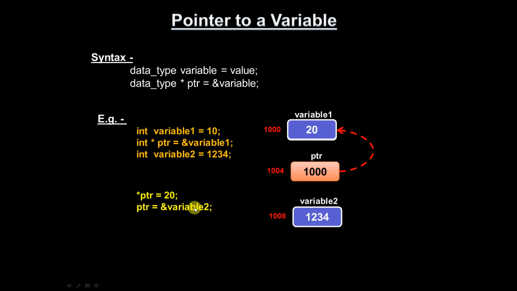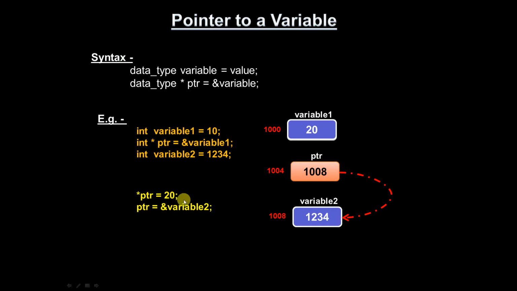Okay. So next, ptr equals address of variable 2. Previously this pointer was holding the address of variable 1. Now what I am trying to do is change the pointer so that it holds the address of variable 2, that is 1008. Now the pointer will point to variable 2.